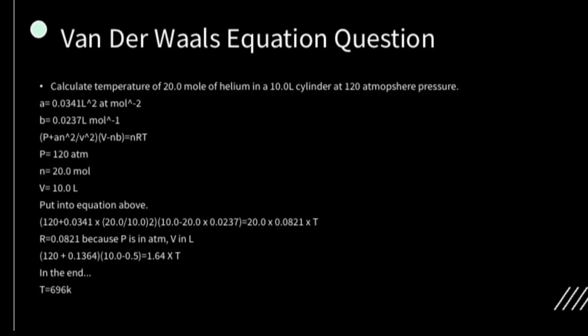Then when we simplify that, it becomes bracket 120 plus 0.1364 bracket times bracket 10.0 minus 0.5 bracket equals 1.64 times T. And at the very end, T becomes 696.